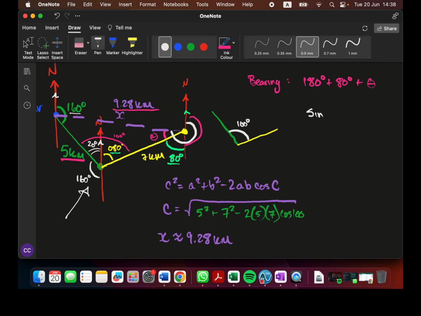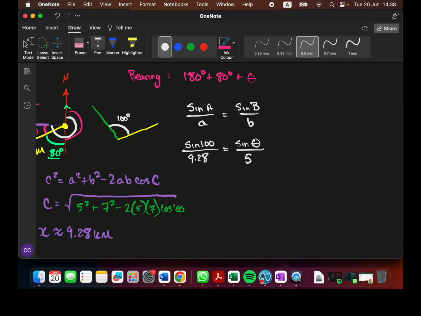Sine rule says sine A divided by A is the same as sine B divided by B. Doing my substitutions, sine of 100 divided by 9.28 is the same as sine of this theta we're after divided by 5.